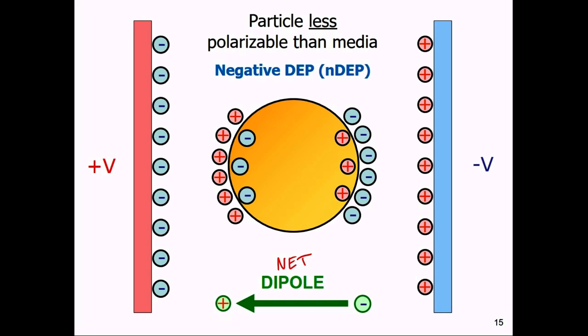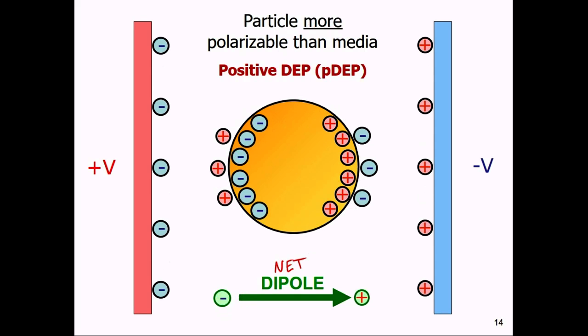So you have a difference, and you can imagine that as you sweep the frequency, the dipole goes from one regime to the other. So for the positive dielectrophoresis, you see the positive and the negative, there would be an attraction here. So let's say, for example, this is a non-uniform field. The electric field on the right is greater. It would be attracted for that particular regime.